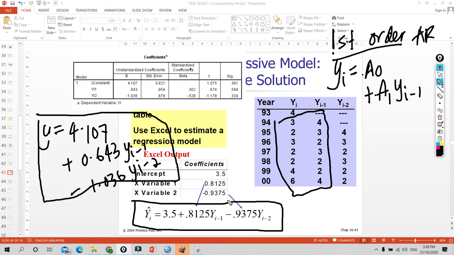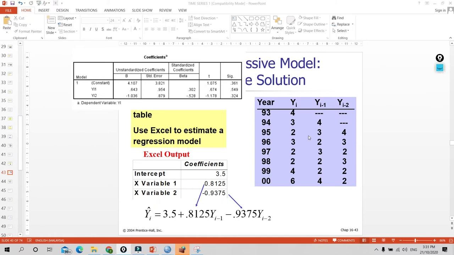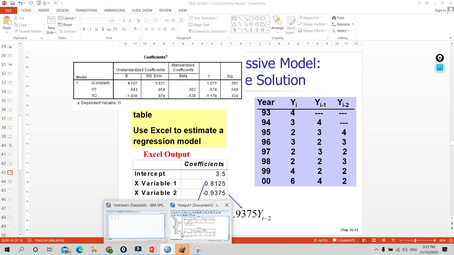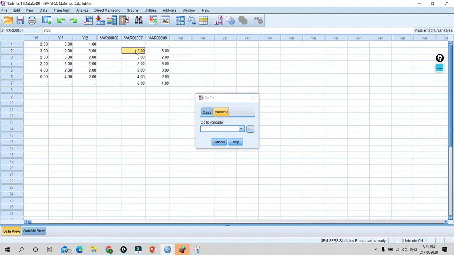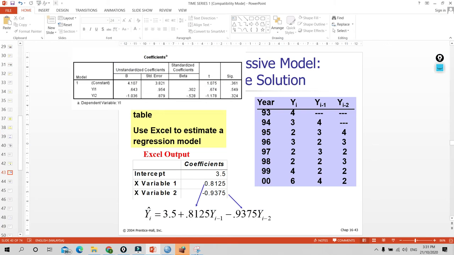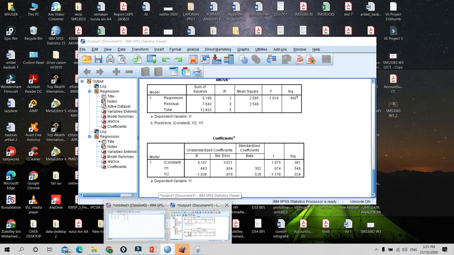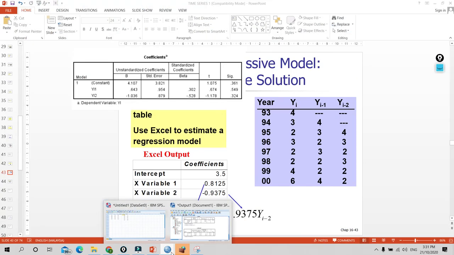So the data is 3, 2, 2, 2, 4, 6. I just copy the data here: 3, 2, 4, 4, 6, and then 4, 3, 4, 3, 4, 3, 2, 3, 2, 2, 4.